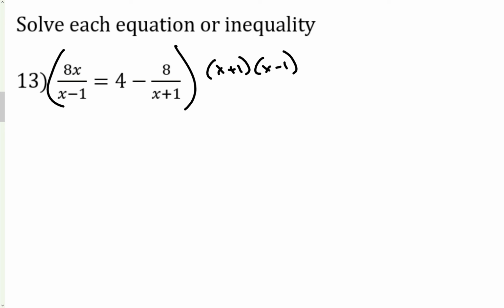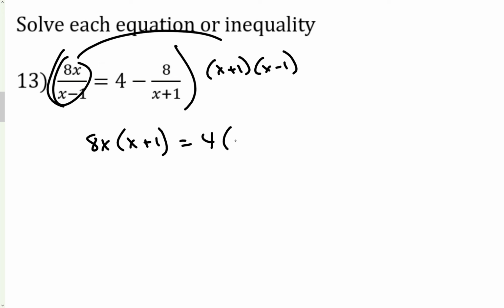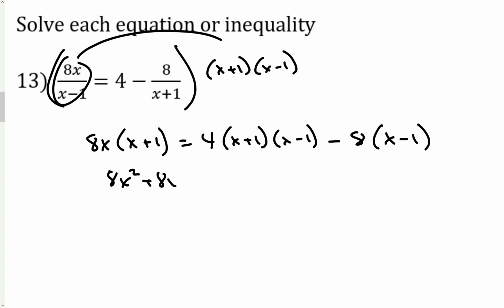So what happens is when I multiply this expression by this, the x minus 1's cancel, and I'm left with 8x times x plus 1 equals 4 times both of them, x plus 1, x minus 1, minus 8 times x minus 1. Okay, distribute: 8x squared plus 8x equals, this is going to turn into x squared minus 1 when I multiply both of these two together. So we get 4x squared minus 4 minus 8x plus 8.